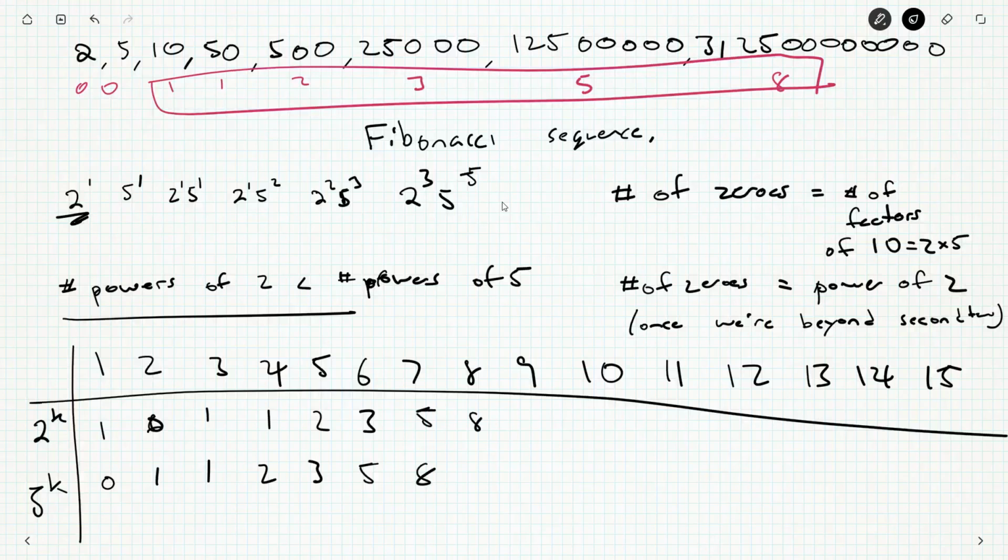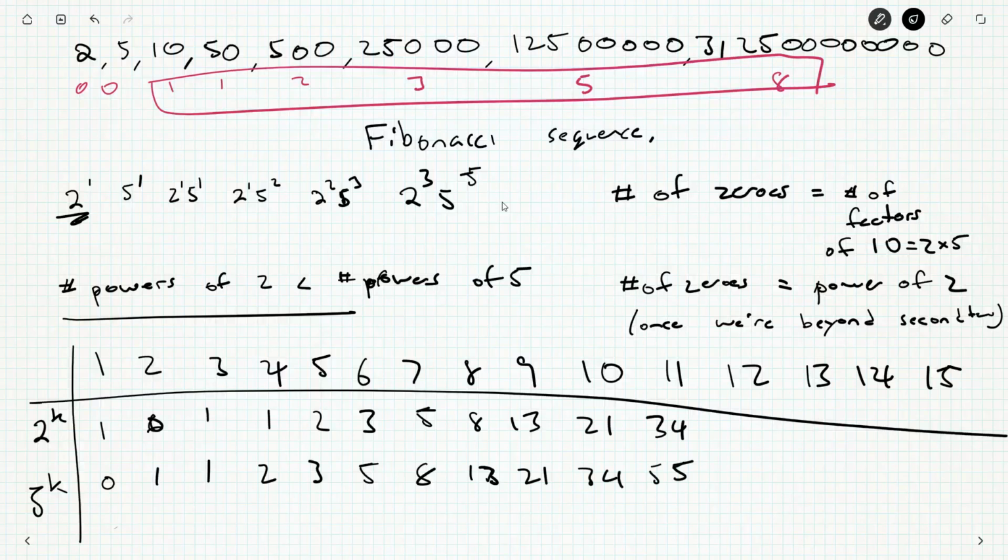You could also, I guess, have a third row of this chart saying number of zeros, and then you get 0, 0, and so forth. But I think it's clear from here. 13, 13. So it seems like the powers of 5 are just one ahead of the powers of 2. 21, 34, 34.